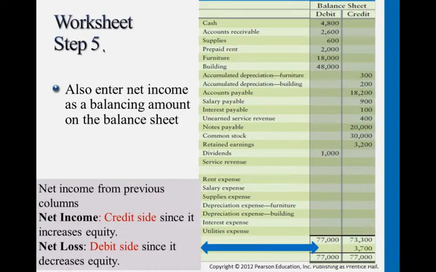Right. So can anybody tell me why net income is also listed there? This is a balance sheet column, so why is net income there? Well, this will go back to equity, right?